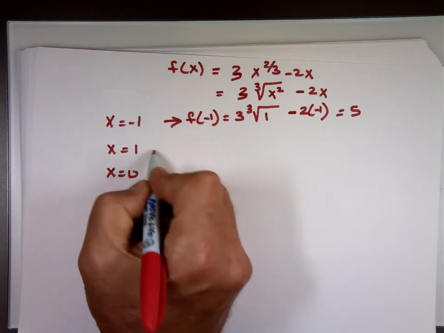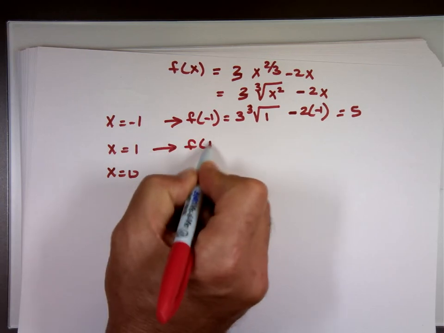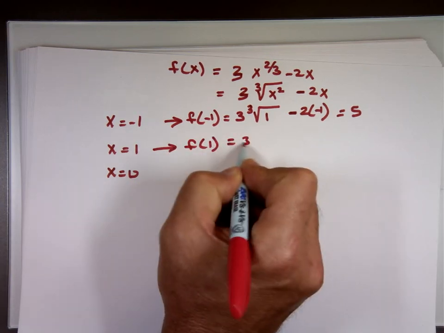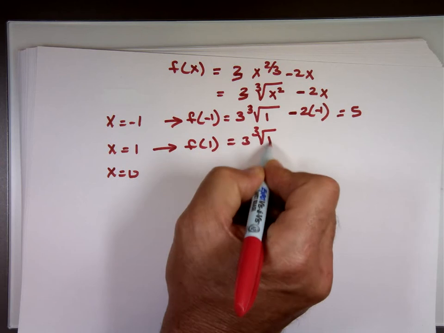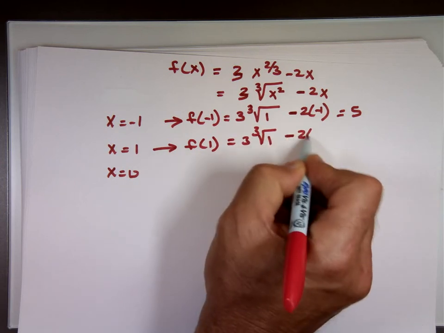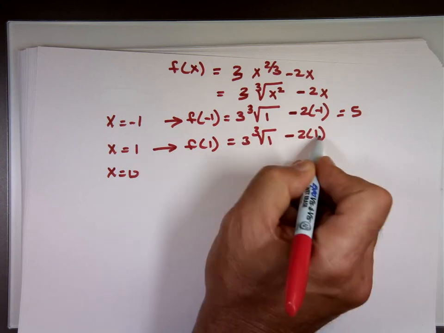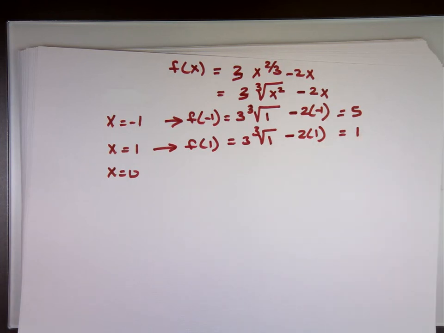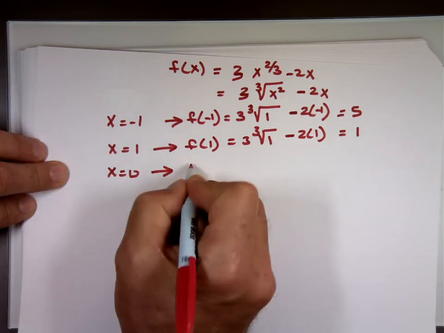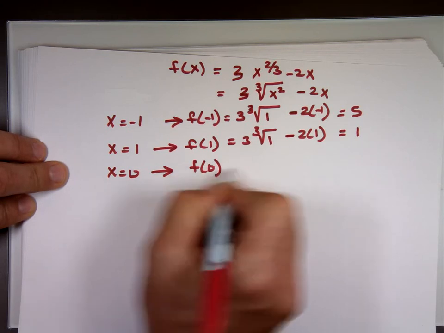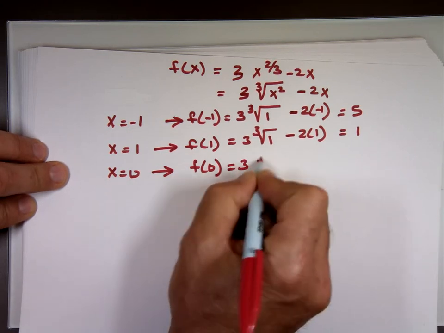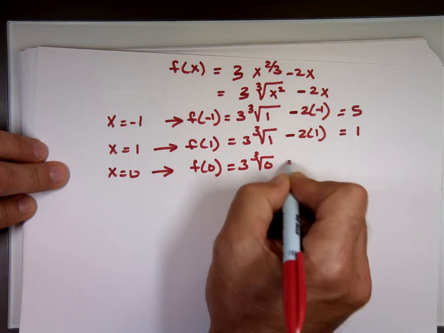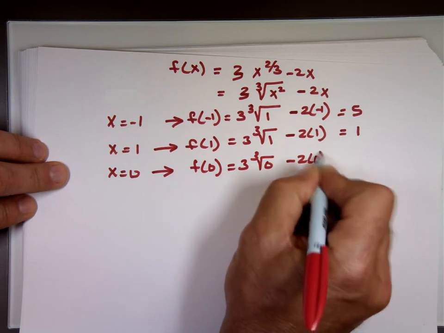When x is 1, 3 times the cube root of 1, that's a 3, minus 2 times 1. 3 minus 2, which is what? 1. And when it's 0, 3 times the cube root of 0 minus 2 times 0, and that's a 0.